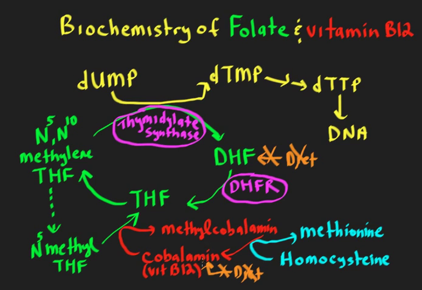In that case, if you have B12 deficiency, you end up with a trapping of this N5-methyl tetrahydrofolate that never gets back into the cycle. So a B12 deficiency causes a trapping of the folate in this form and functionally depletes this cycle, causing virtually the same effects as a folate deficiency in terms of DNA synthesis.